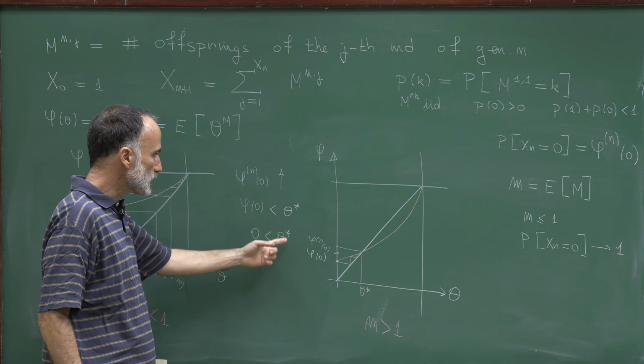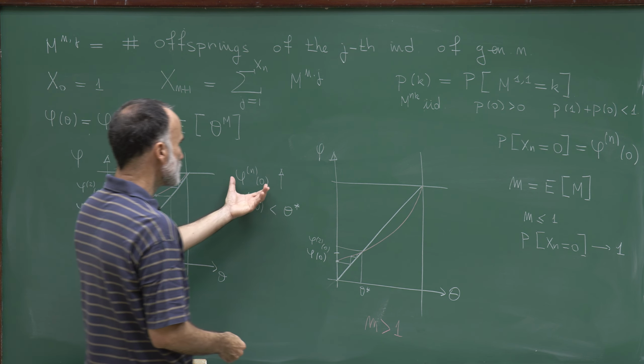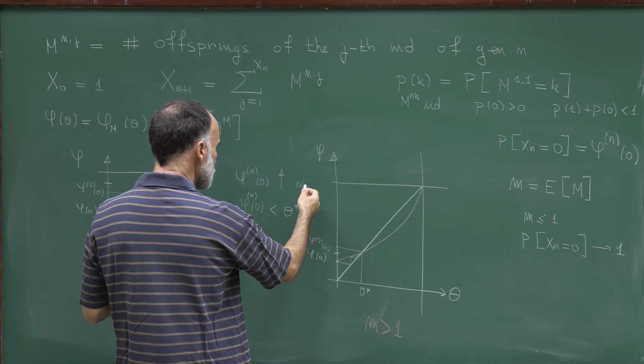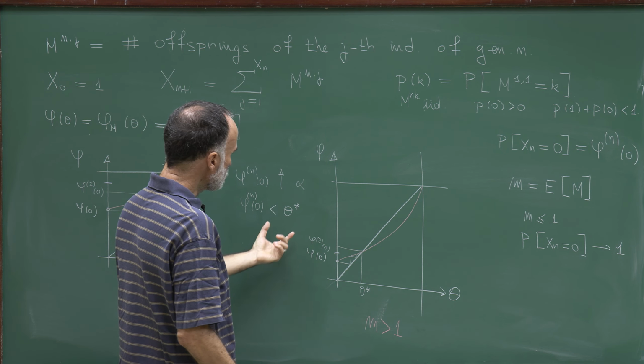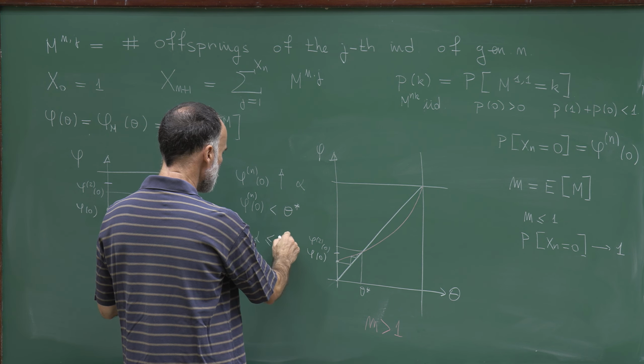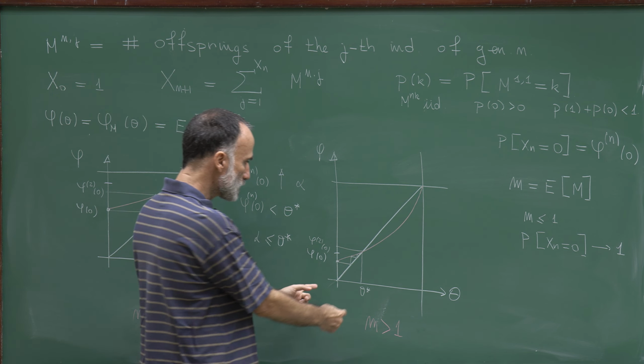Since theta star is a fixed point, I get that phi of theta star is theta star, while for 0, I get phi of 0. If I iterate that n times, what I get is that this sequence is always bounded by theta star. It's increasing, it's bounded by theta star, it has a limit, call that alpha. Conclude that alpha is a fixed point, and therefore that alpha has to be less or equal than theta star, because each point is bounded by theta star, and the unique fixed point in 0 theta star is theta star.